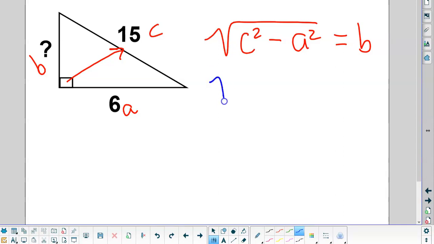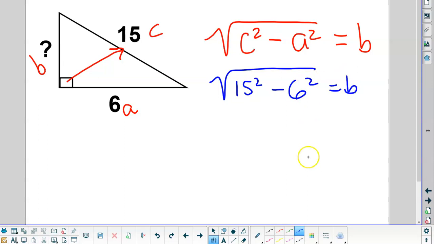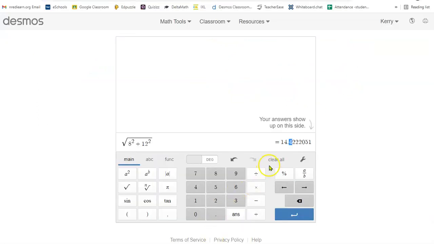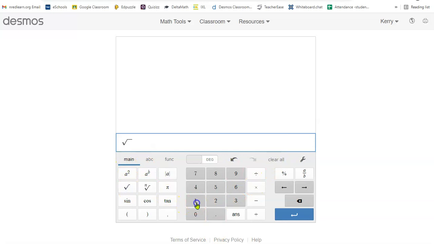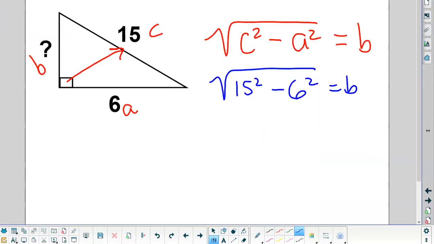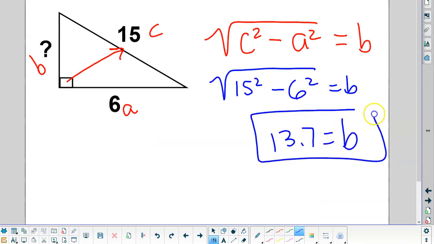So all I need to do is enter into my calculator a big square root sign, a 15 squared minus a 6 squared, and I'll get that missing side. So let's go do that now. Square root 15 squared minus 6 squared. Was that it? 6 squared? Yep. And I get 13.7. So the missing leg is 13.7. And you're done.